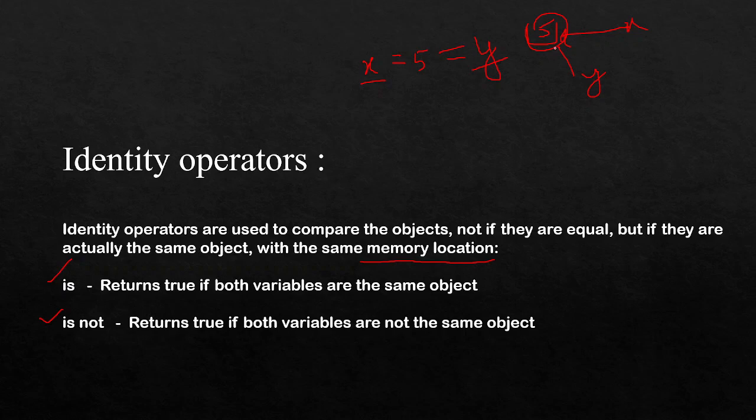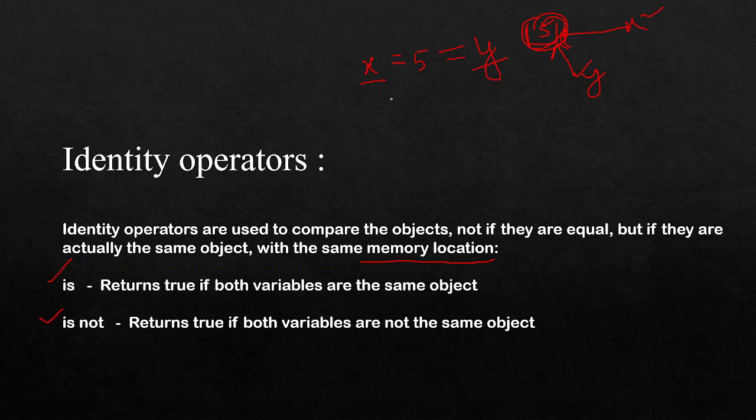Okay, so if x and y are referring to the same space inside the memory, that means they are sharing the same memory location. So actually x and y both are the same object in Python with different names.